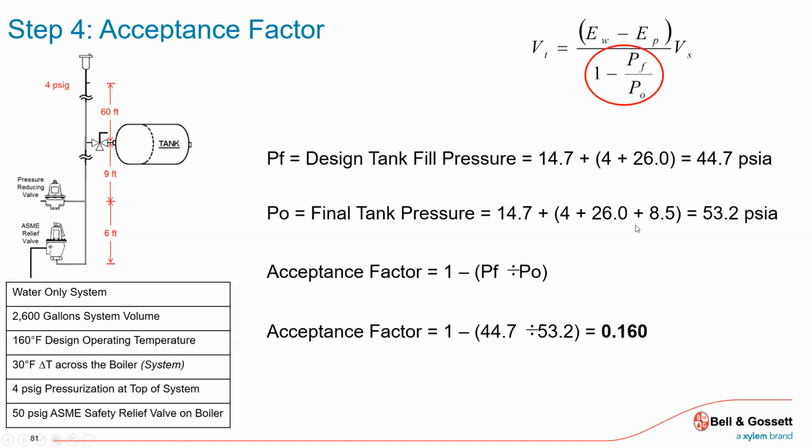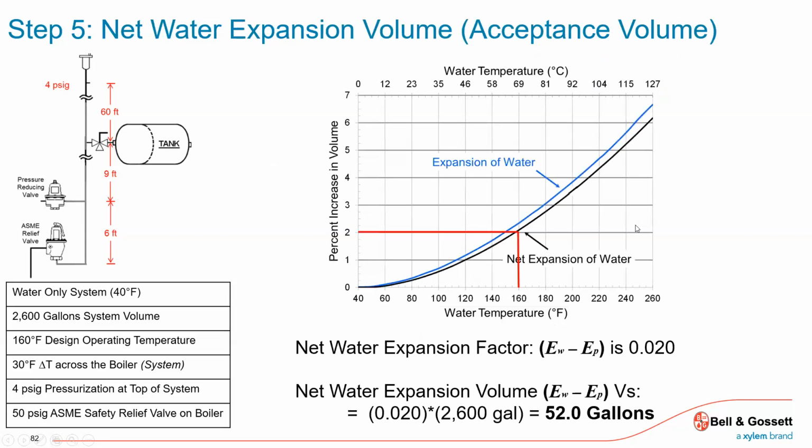And so we start plugging in what our final tank pressure is going to be. We come up with what I refer to as 1 minus fill over operating absolute, which is our acceptance factor. In this case, that expansion we said was 160 degrees as the average works out to be about 2%, so 0.02.